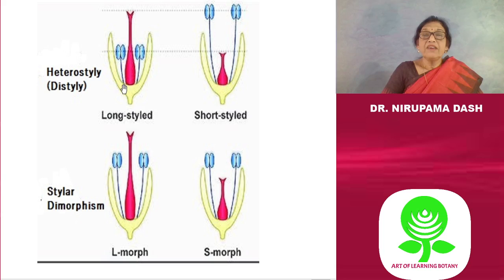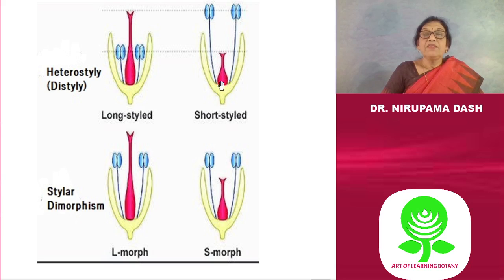Distyly is found in Primula vulgaris, where sometimes the style is long and the stigma is placed high while the stamens are short, and that is called the pin or long-styled type.